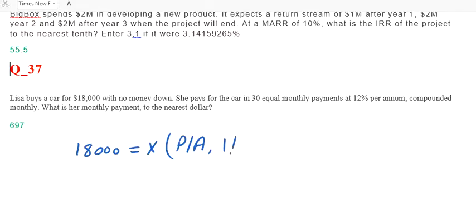So since it's monthly, it's 1%, and it's 30 equal payments. That's X equal to 697.